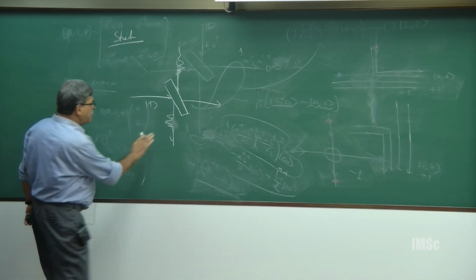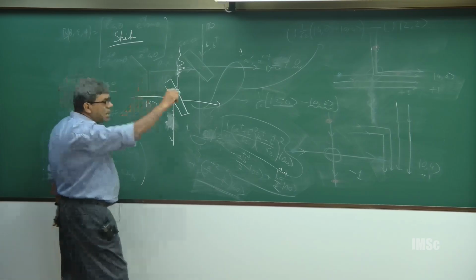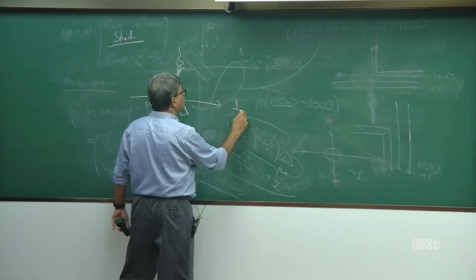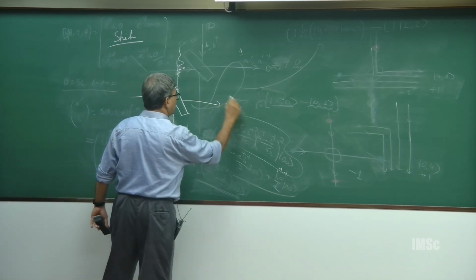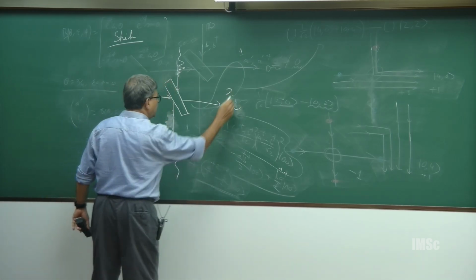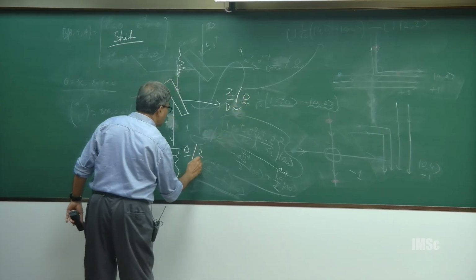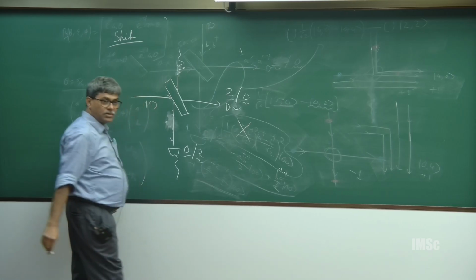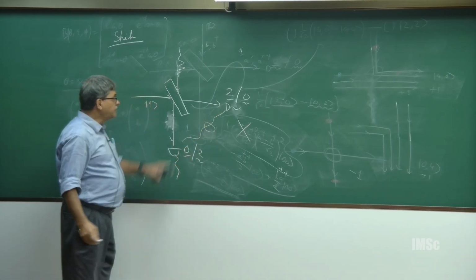If I put this delay here, then of course I will not see this effect, like 2 photons here, 0 photons here, or 0 photons here and 2 photons here. This is not present. You will have some kind of coincidence if there is a delay.